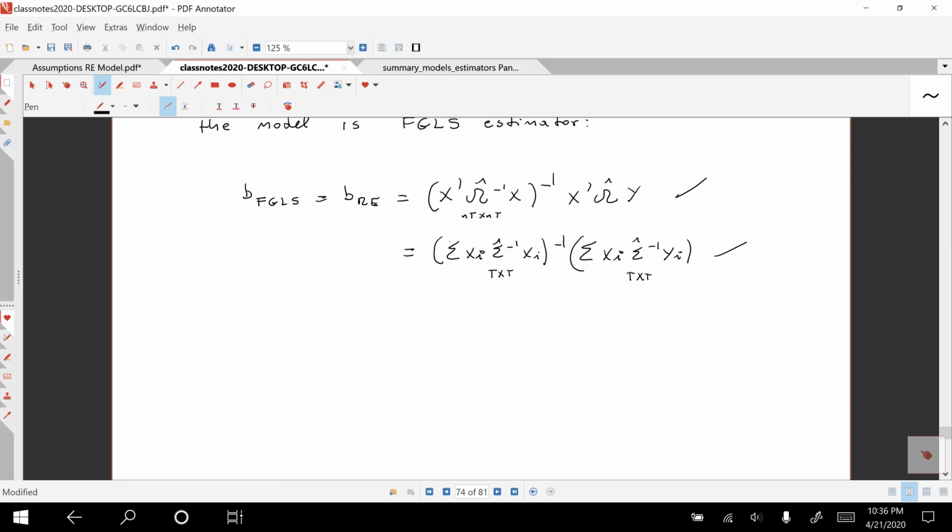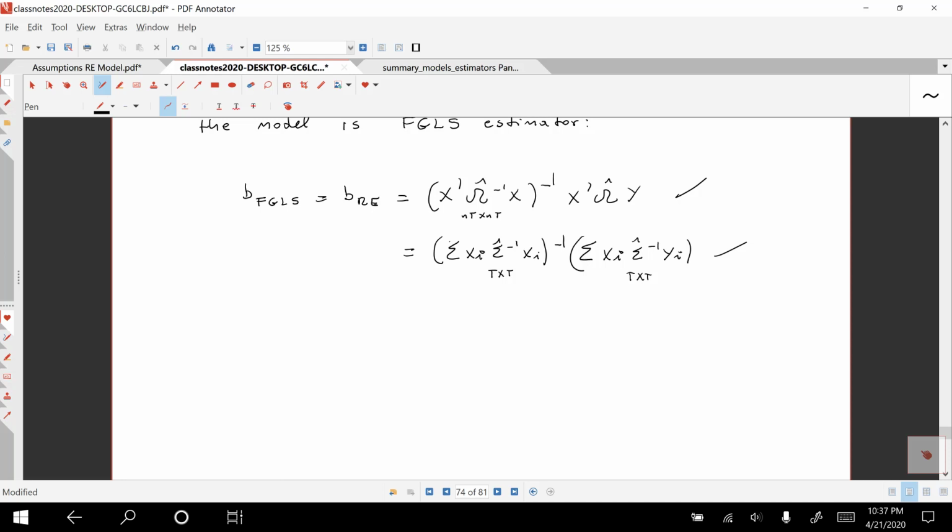Basically, you have to transform your data using the Cholesky decomposition of this omega matrix, or of the sigma matrix.